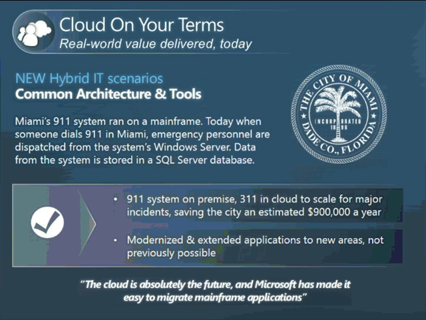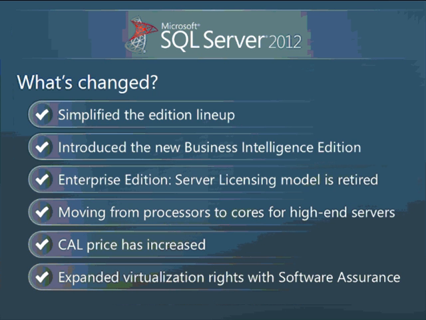They moved that to the cloud so that they didn't have to support all that infrastructure and hardware all year long, just when the surges come, saving them almost $1 billion a year in costs. So there are some great reasons to move SQL Server applications into the cloud.